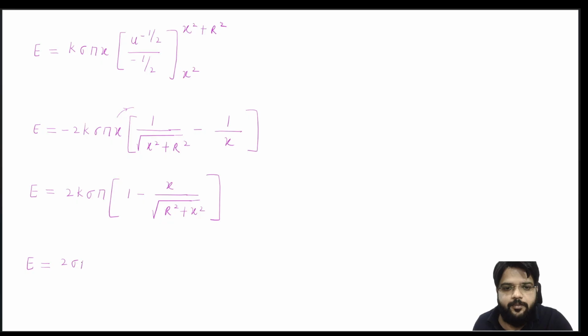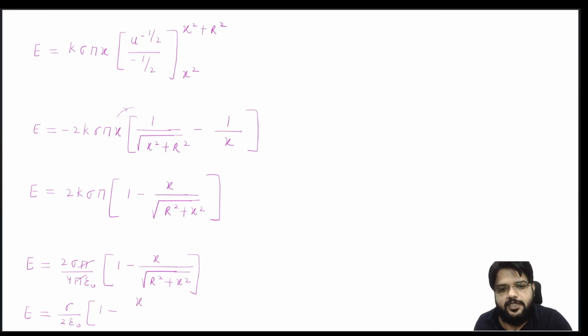So 2 sigma pi divided by 4 pi epsilon naught, 1 minus x by root of r square plus x square. Now pi will get cancelled out. Then finally we have E equal to sigma by 2 epsilon naught, 1 minus x by root of r square plus x square. This thing we have, everyone, finally.